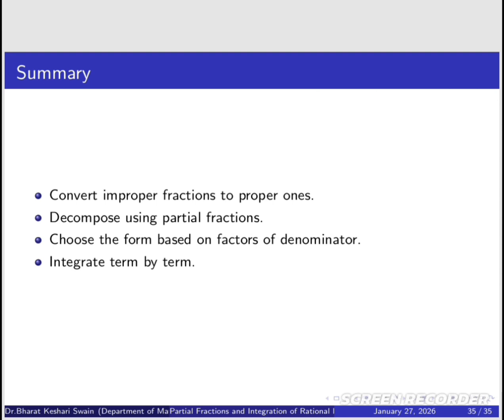So what may be the form of the denominator, then choose the right form so that we can decompose easily, and after decomposition integrate term by term to get the final answer. So this is the summary of integration of improper or proper fractions using partial fractions.